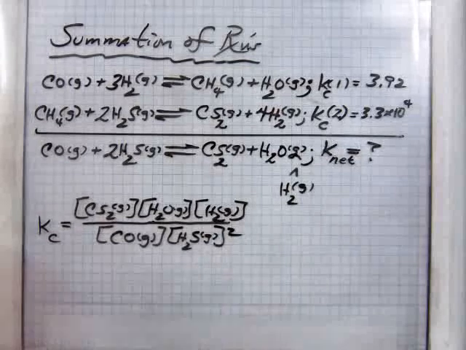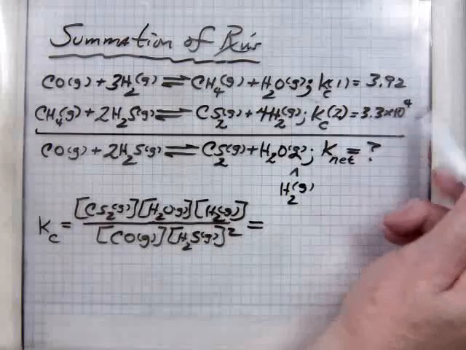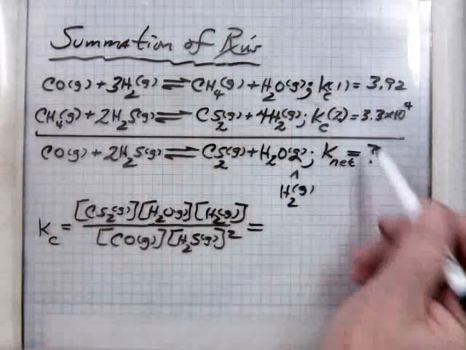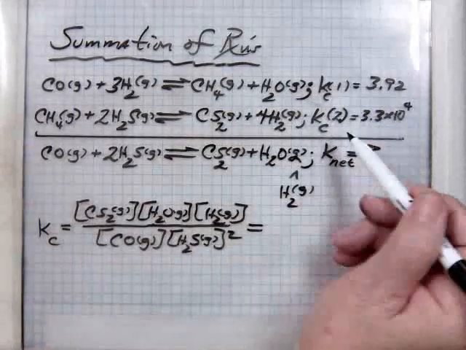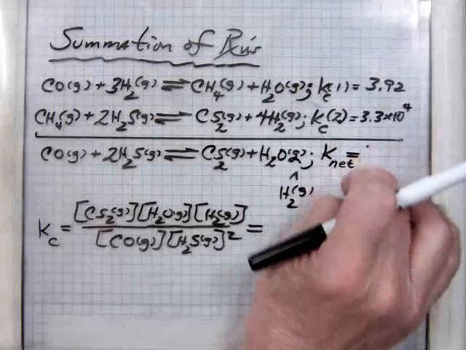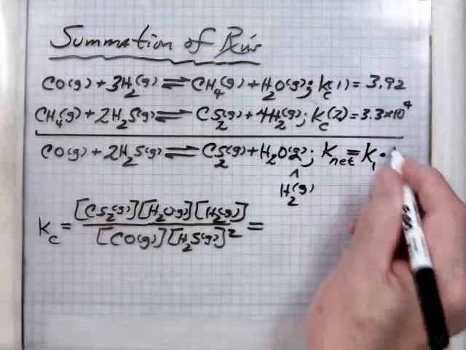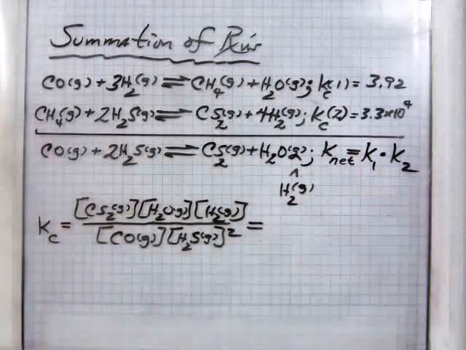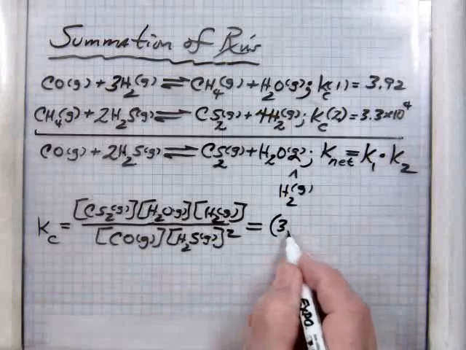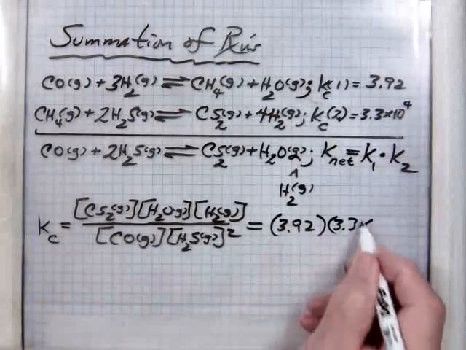Now, what's the equilibrium number over here? Well, each one of these has a value already published and determined by some other methods. When you add two equations together, the equilibrium constant of the net reaction will be the product of K1 times K2. You just multiply the two numbers together. That is, you would have 3.92 times 3.3 times 10 to the fourth.